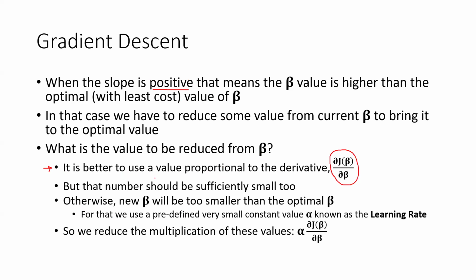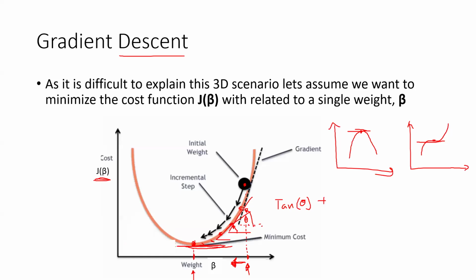It is better to use a value proportional to the derivative because when you can see that the point is farther and farther away, this gradient is larger and larger. So when the gradient is large, you have to change by some value which is proportional to the gradient, right? This may be a fairly good assumption.